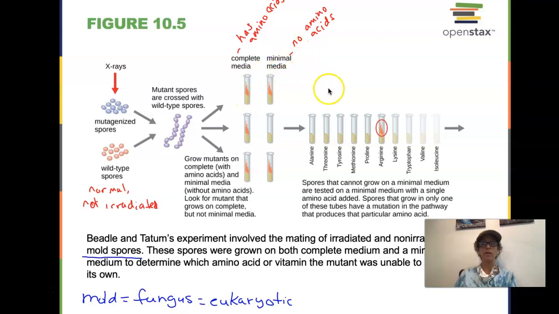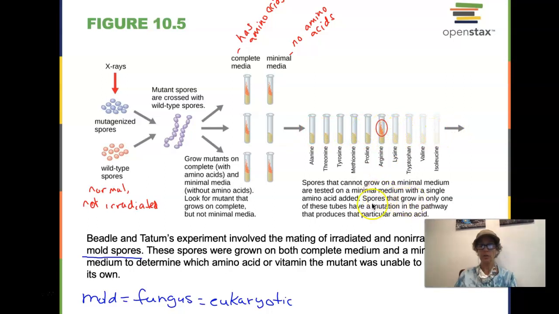And you'd have various types of minimal media, each of which is lacking a particular amino acid, or each of which has a single amino acid added. So complete media has all the amino acids. Minimal media doesn't have any, but they went through all 20 amino acids, so minimal media with alanine, minimal media with threonine, etc. Only one amino acid in each.